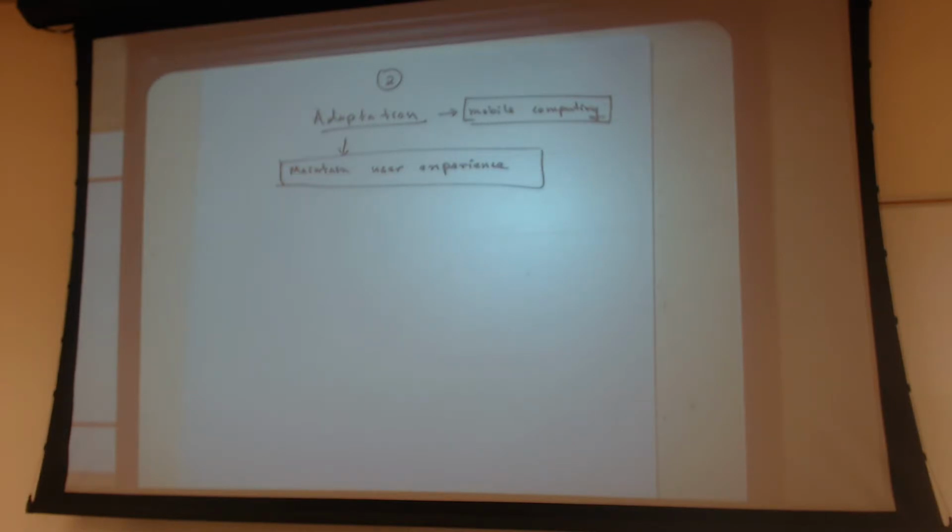There are two types of adaptation. Broad categories. Two broad categories of adaptation. One is reactive and another is predictive.